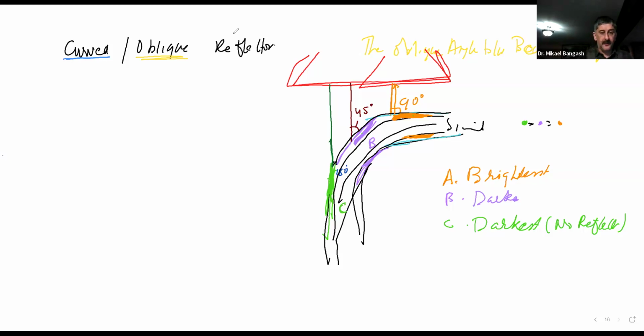Now, how can we, for instance, know? Let's just say we scan from, and we call this angle number A. Now, how will we know that this is an artifact and not something factual?